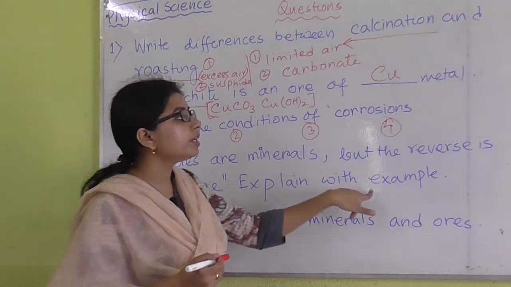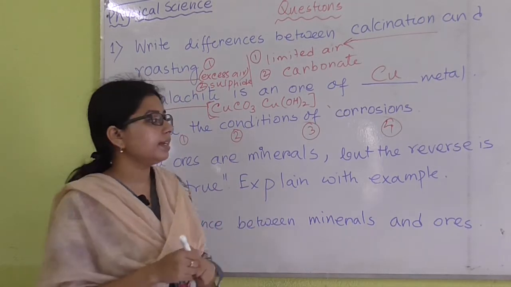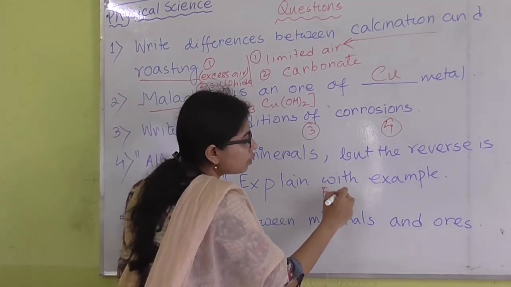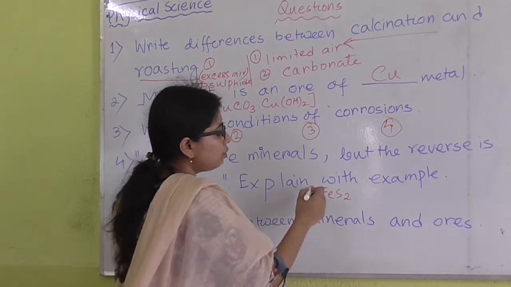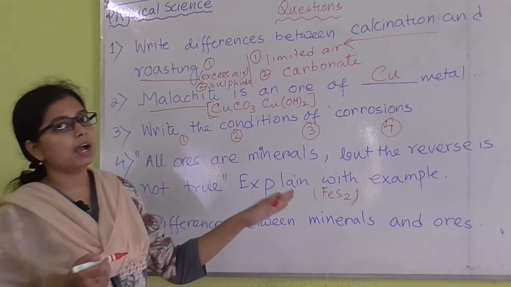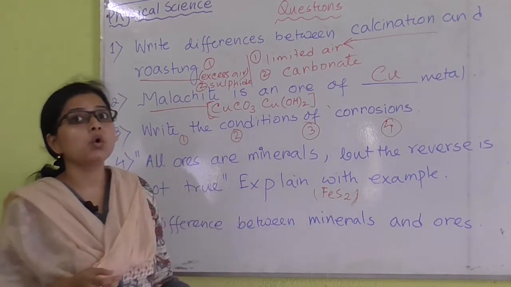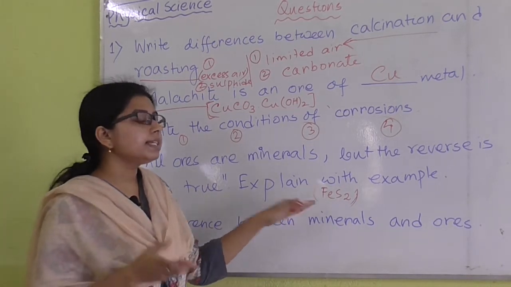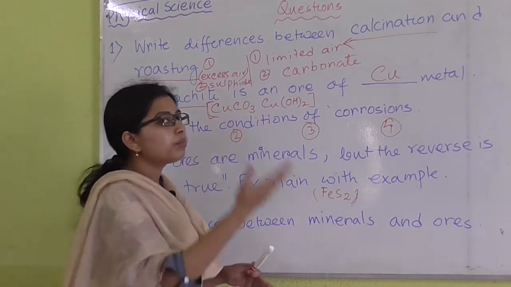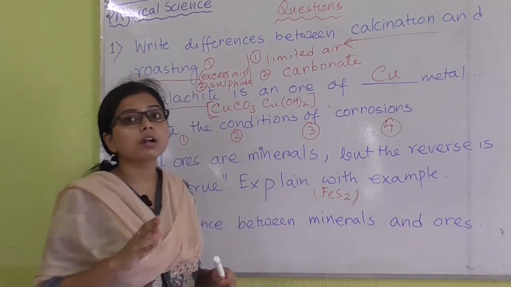So if we want to give an example, I told about iron pyrites, that is FeS2. Okay, FeS2 is iron pyrites, which is one of the minerals of iron, but we can't use it as one of the ores of iron because it is available in nature, but the process of extraction from iron pyrites is not so convenient.